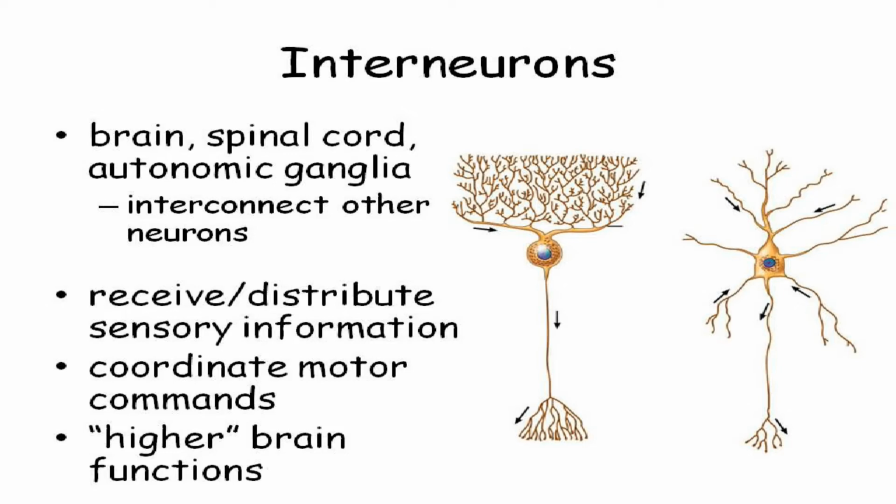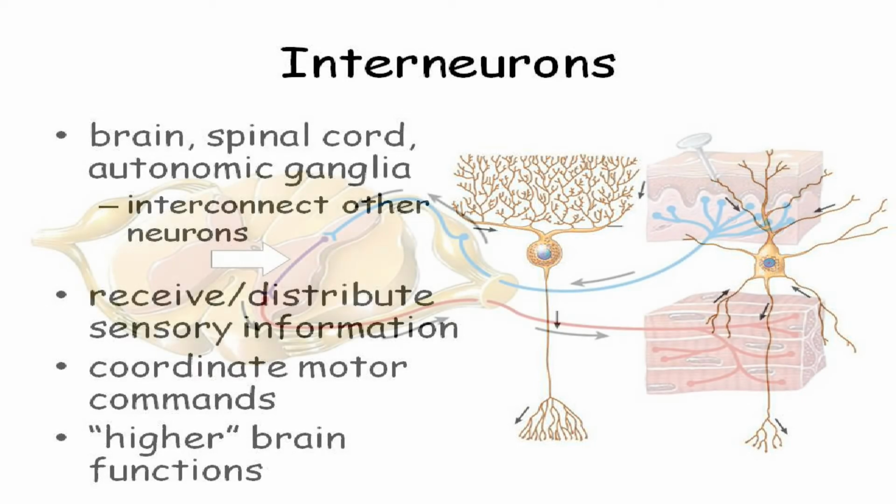You can think about the interneurons as the thinking part of your brain, the processing part, the integration part, the stuff that gets the sensory information and decides what to do about it. Somewhere your consciousness exists, somewhere in a bunch of interneurons. We don't know where exactly yet.